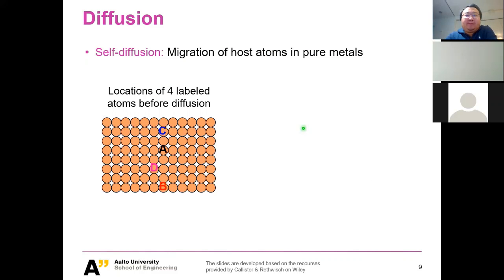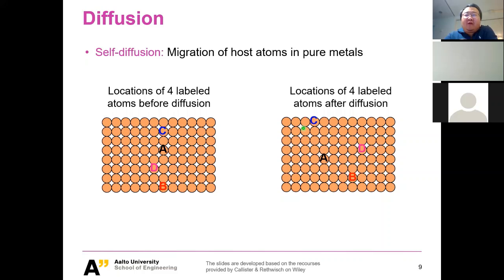So this is clear. What is probably not that easy to realize is that self-diffusion happens between the atoms, just migration from one place to another. You don't realize it because the material macroscopically has no change. But microscopically, the atoms are just swapping their positions.